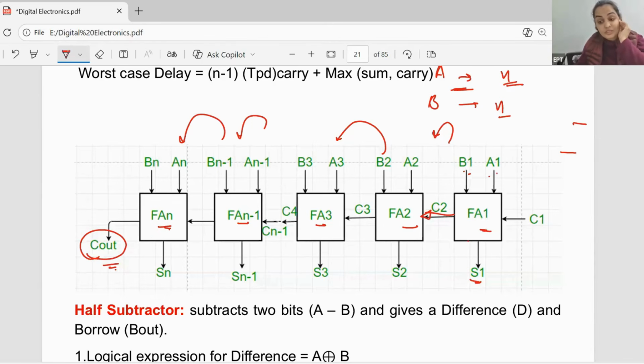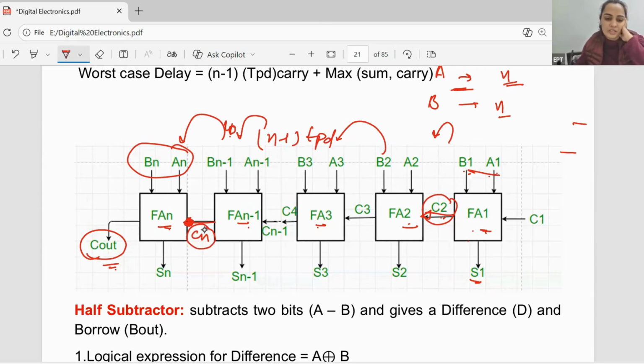No, sorry, we will not consider this one. This is the addition. So delay 1, delay 2, delay 3, delay 4, right? So after 4 TPD, or after n minus 1 TPD, carry will be available. This carry C in will be available, right? So after the arrival of this Cn, only then will addition be performed, right?